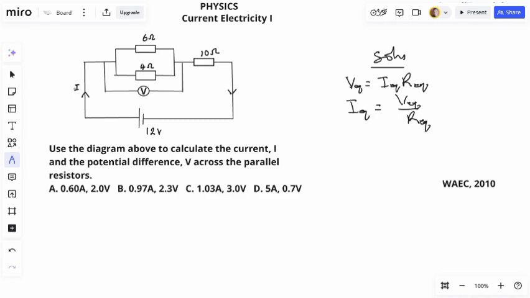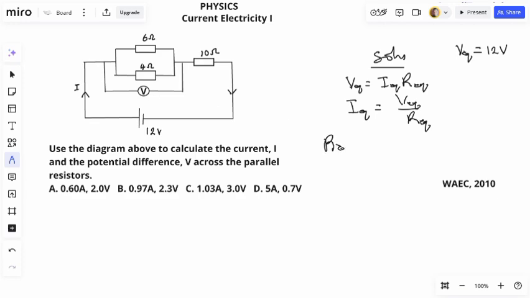So that will give us this current I. And the V equivalent, the total voltage, is the voltage generated by the cell, which is 12 volts. So we have our V equivalent to be 12 volts. So what is our R equivalent? That we have to determine.